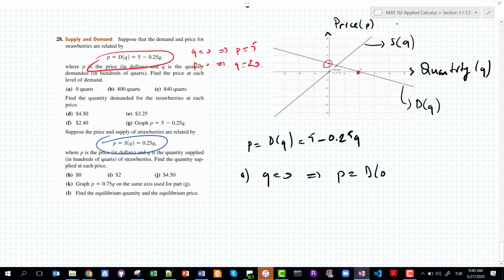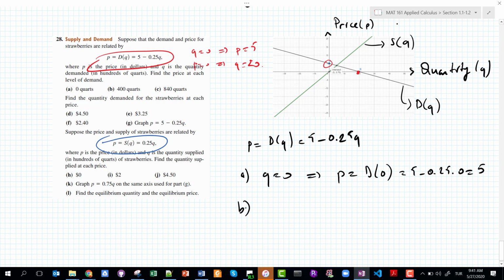How am I going to find out? These are the values I need to substitute here. When q is 0, it is 5 minus 0.25 times 0, which is equal to 5. So I need to pay $5. That's the beginning price.